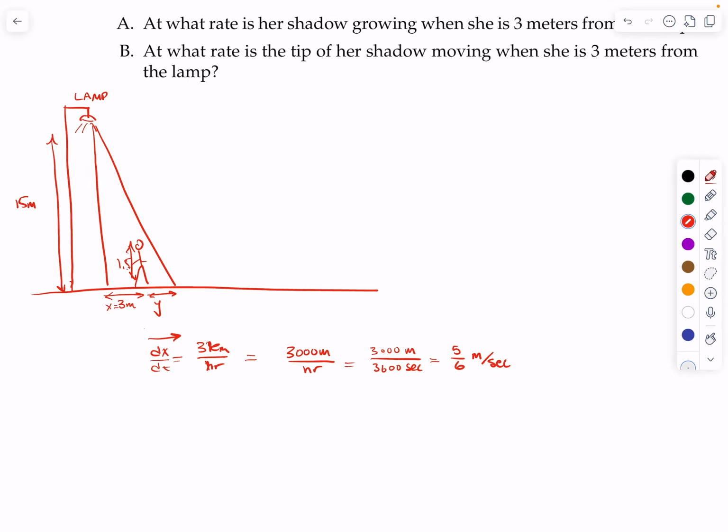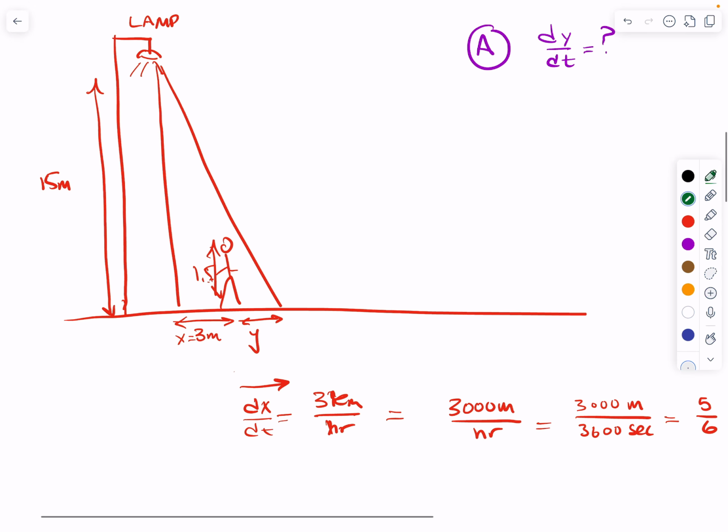Okay, so we want to know how fast her shadow is growing, which means what's the rate at which y is getting bigger? So for part A, I want to know what dy over dt is. To do that, we're going to set up a set of similar triangles.